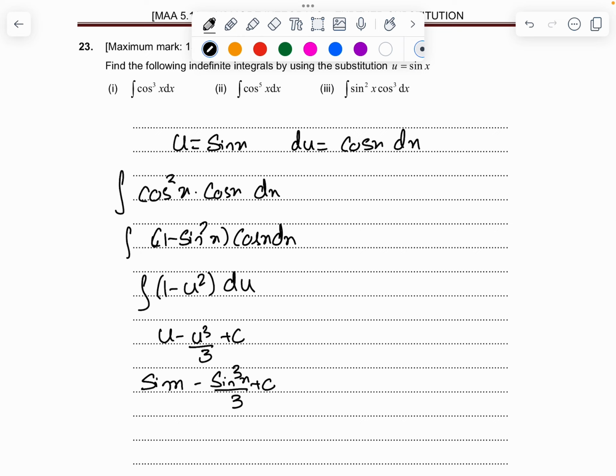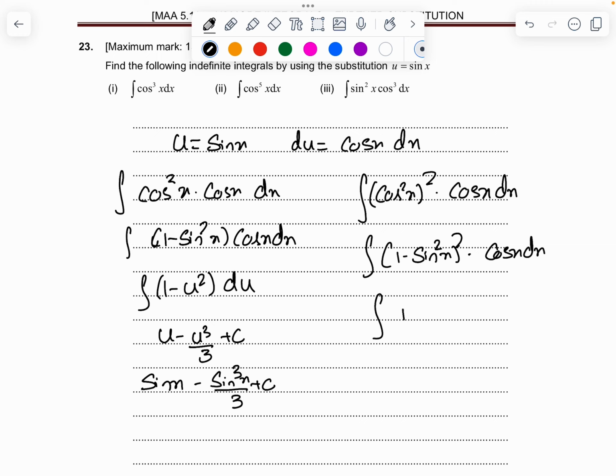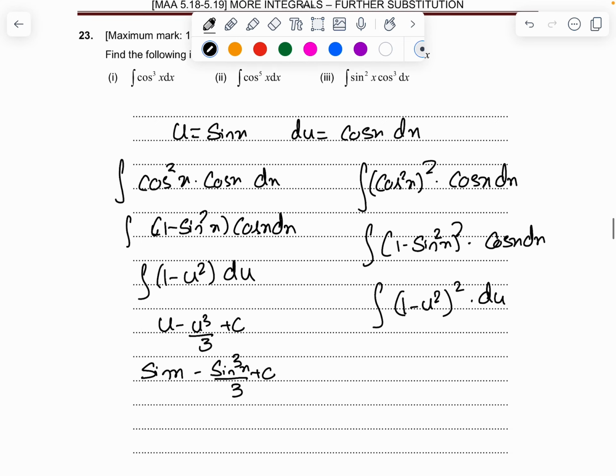Coming to the second part, cos to the power of 5 can be written as cos square x whole square times cos x dx. So which is nothing but 1 minus sin square x whole square times cos x dx. So it becomes 1 minus u square whole square times du.